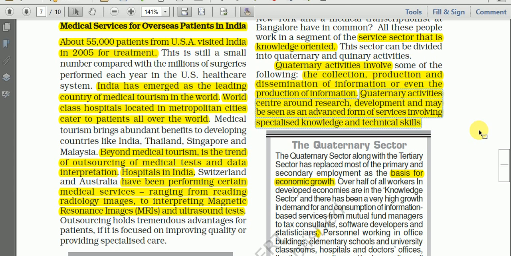As we discussed earlier, quaternary activities refer to the service sector involving specialized knowledge and technical skills. Here the service is in an advanced form, as compared to the tertiary activities.